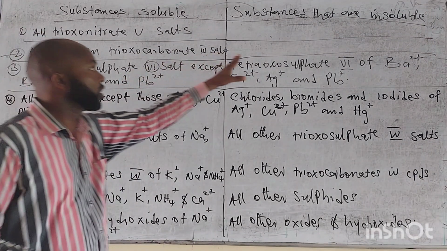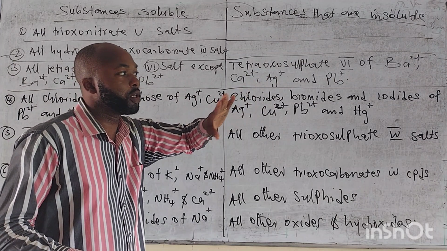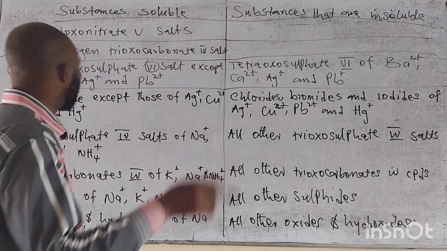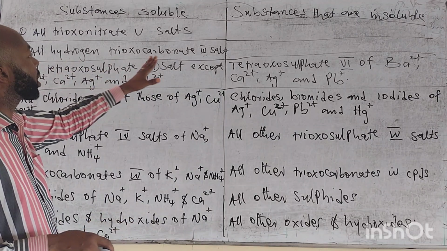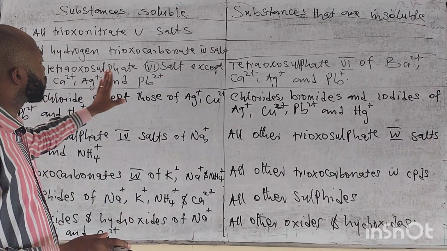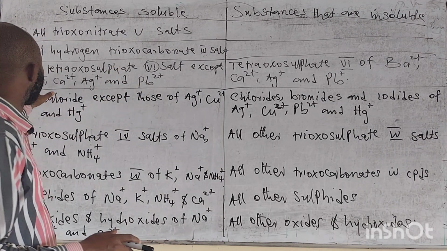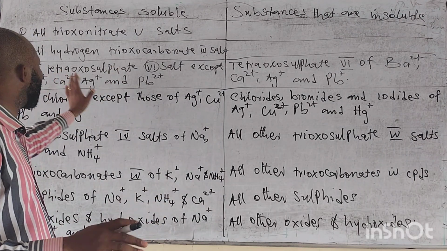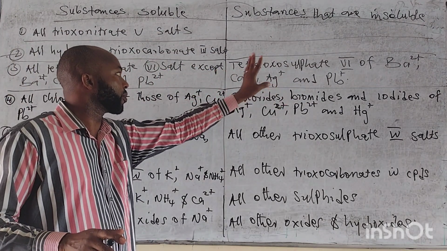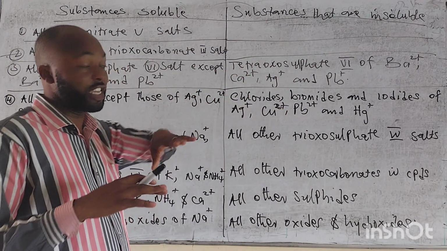So there are no insoluble salts of trioxonitrate(V). All of them are soluble. That's one. Two, all hydrogen trioxocarbonate(IV) salts are soluble. Three, all tetraoxosulfate(VI) salts except those of barium, calcium, argentum, and lead. So tetraoxosulfate(VI) of barium, calcium, argentum, and lead are insoluble.